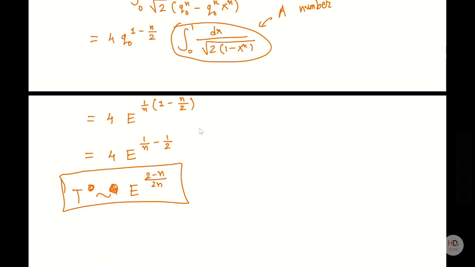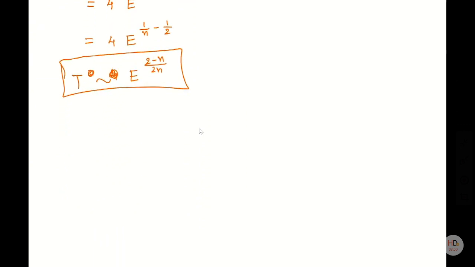This is for generalized n, and then we can look at the case for question 1, for which we had n equal to 4. So we had t proportional to e raised to 2 minus 4, which is minus 2 upon 8, which is e raised to minus 1 by 4. Okay, so it checks out.